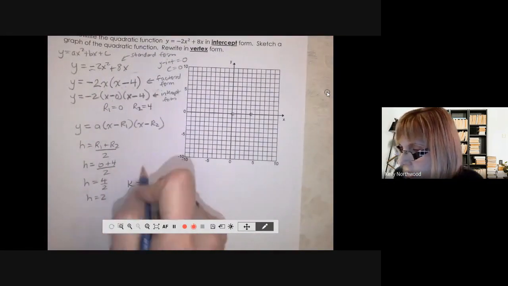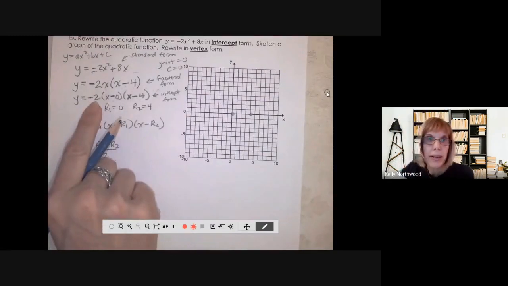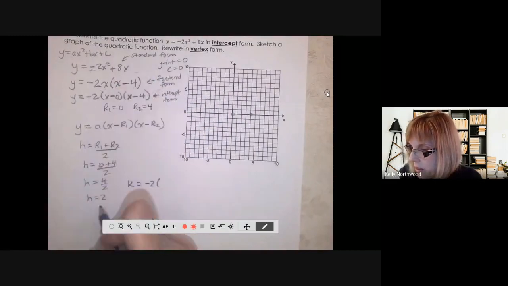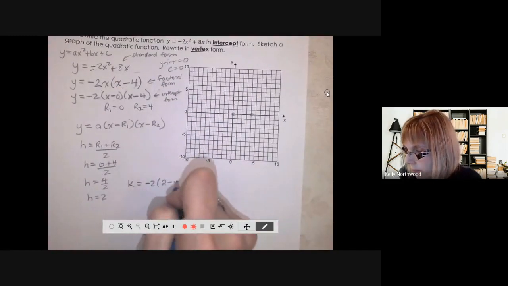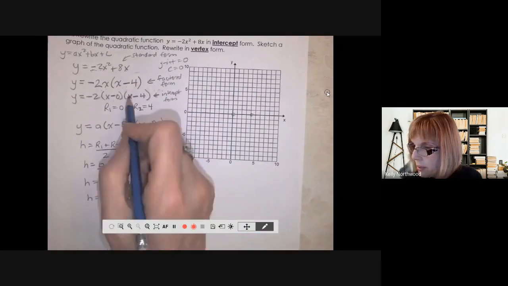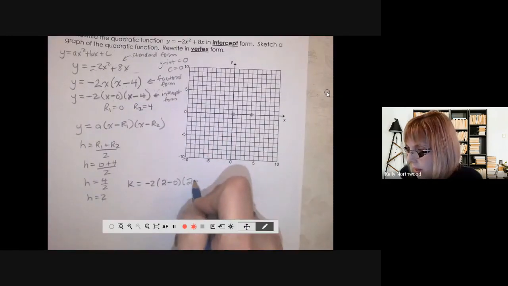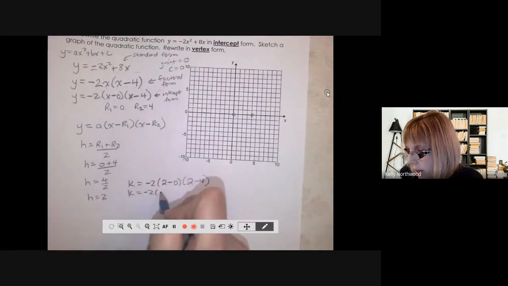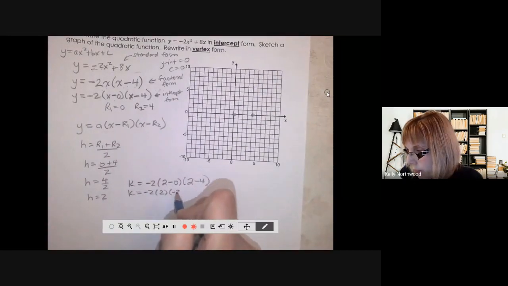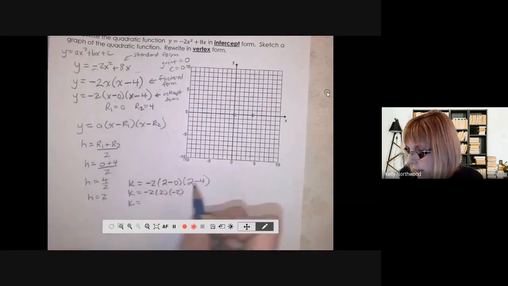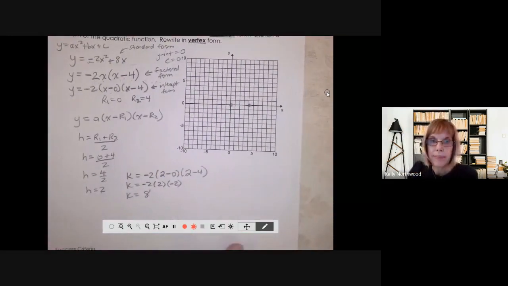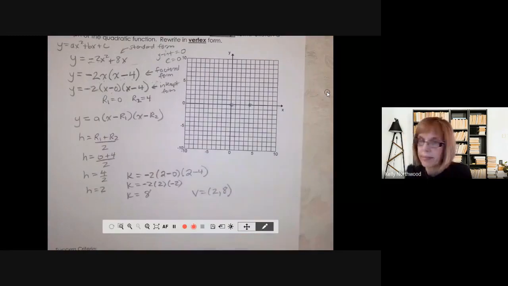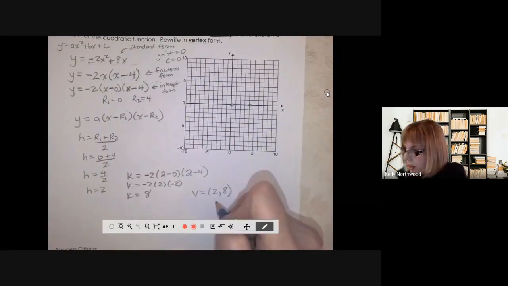And k is going to be, so go back up to here, -2, replace x with h, replace this x with h, which is 2, and then calculate it through. So we get k to be +8. So we know our vertex is at 2, 8, h and k.